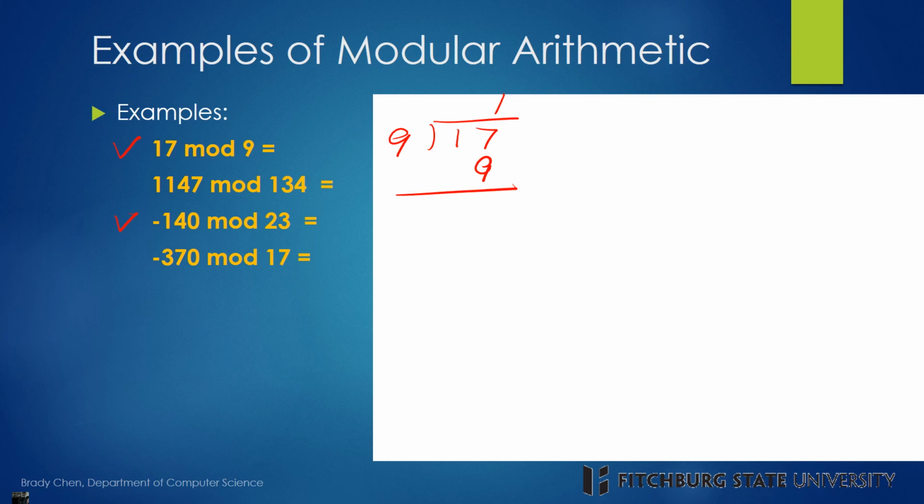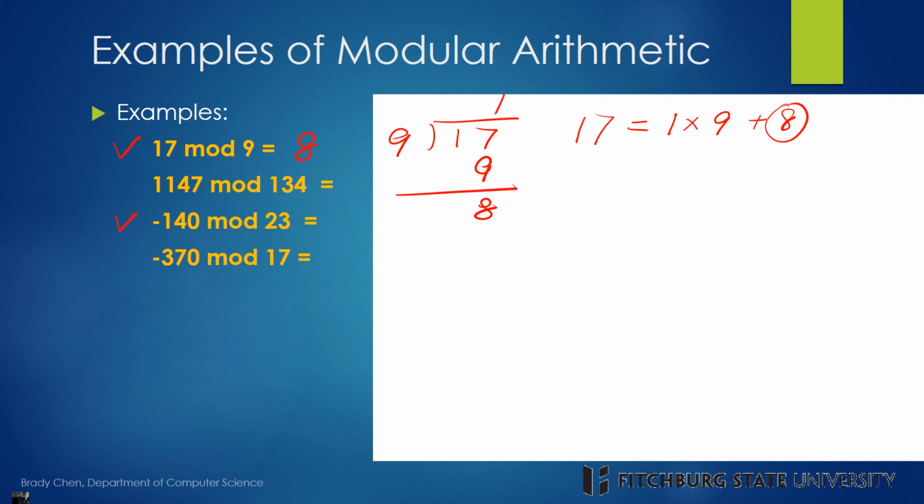Then 17 minus 9 is 8. So this is pretty simple. We can write 17 as 9, the divisor, times the quotient plus the remainder. So the remainder is 8, right? So that's 8.